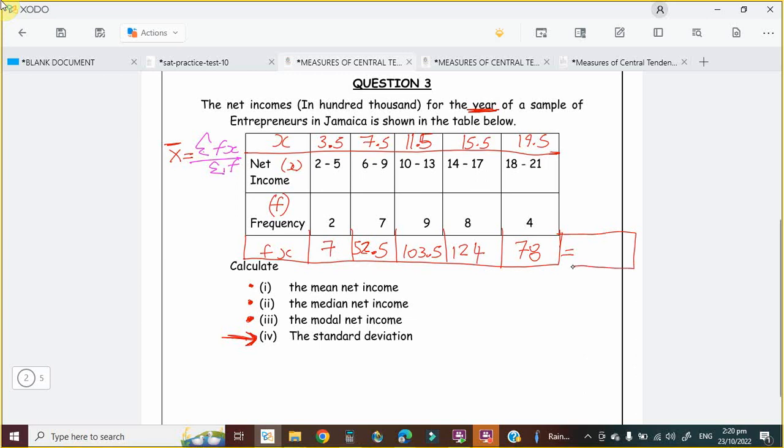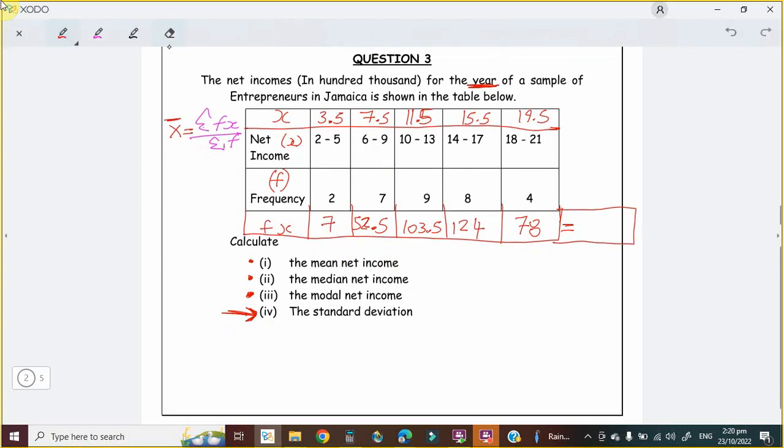When we add them up, what do we get? Alright, 365.